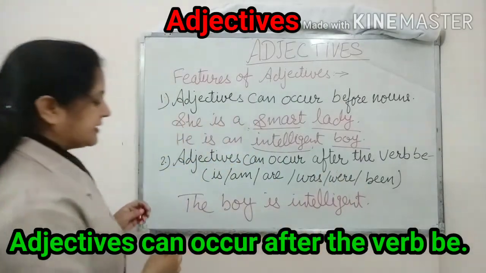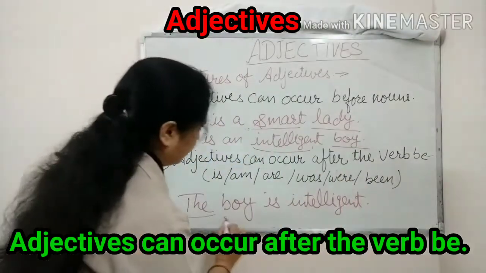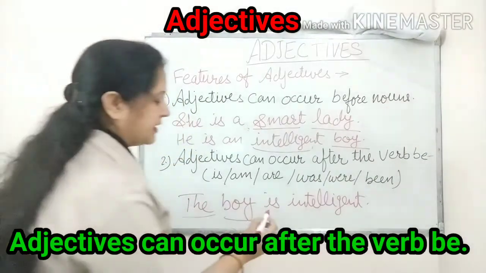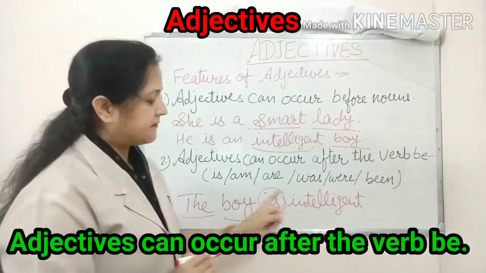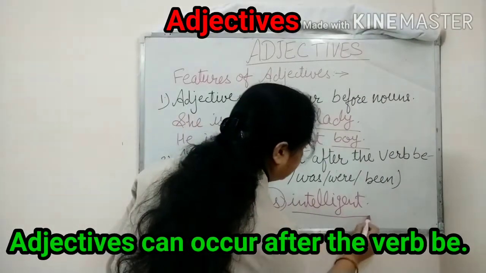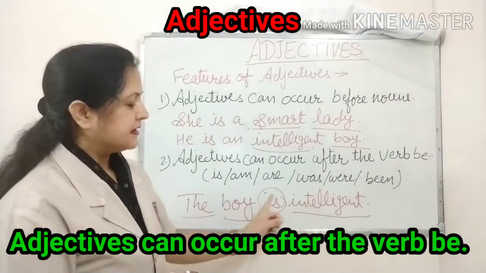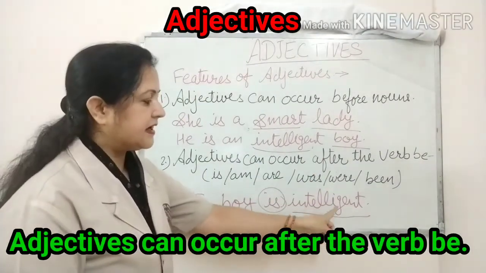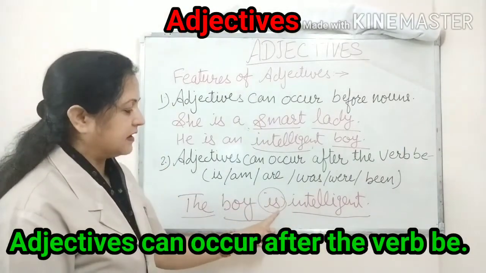Here we can see the is the article, boy is our noun, is is the be form of the verb, and after that intelligent is our adjective. Again we can see that the adjective intelligent comes just after the be form of the verb.